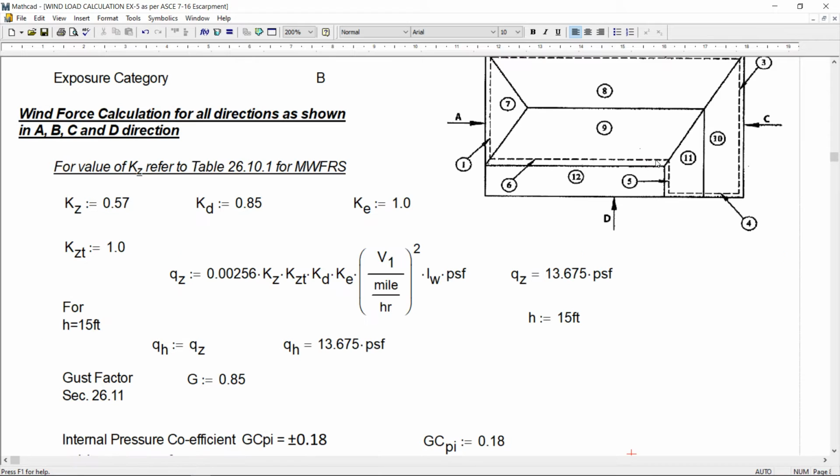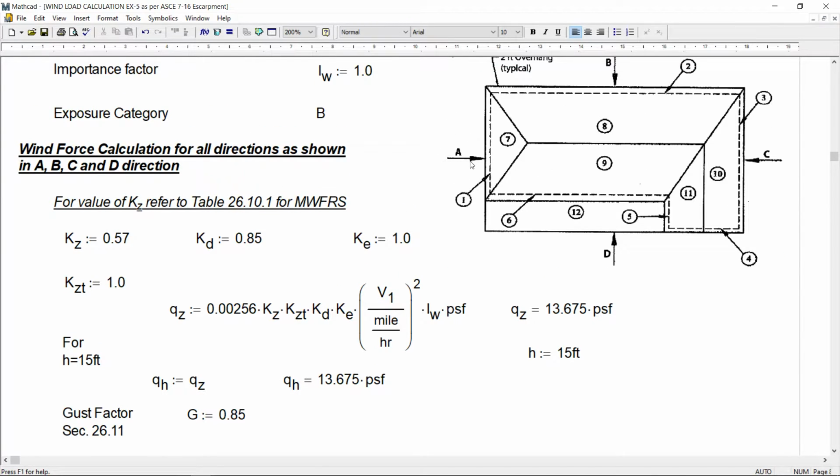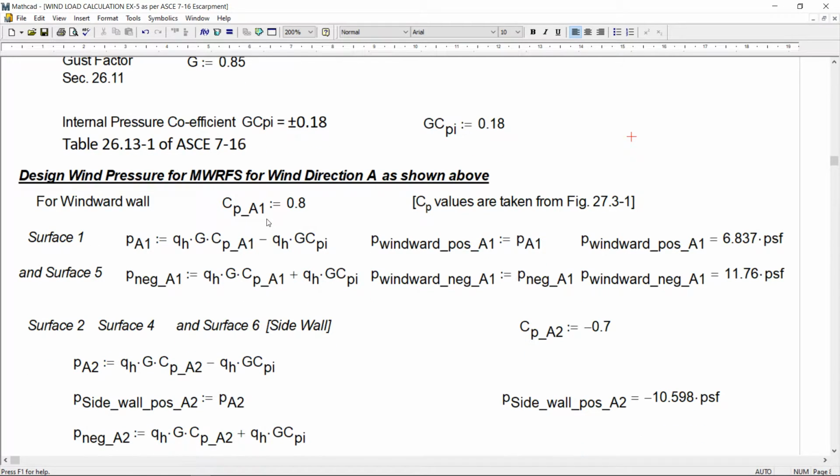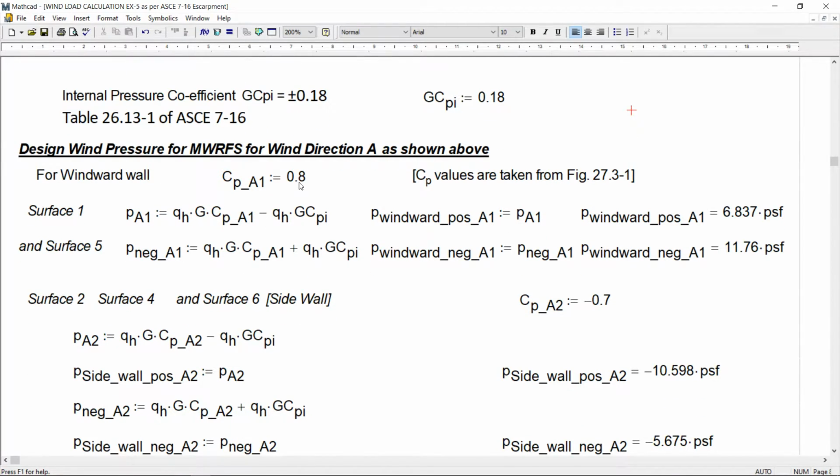If the wind is blowing in direction A, then wall 1 and wall 5, these two walls will be treated as windward wall. So the coefficient is 0.85. Using the same equation with GCpi value as 0.818, the windward positive pressure comes out to be 6.837 pounds per square foot, and for negative it comes out to be 11.76 pounds per square foot.